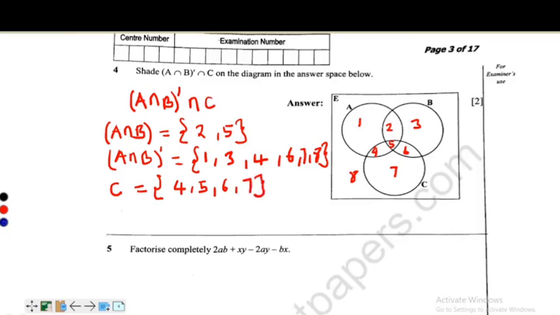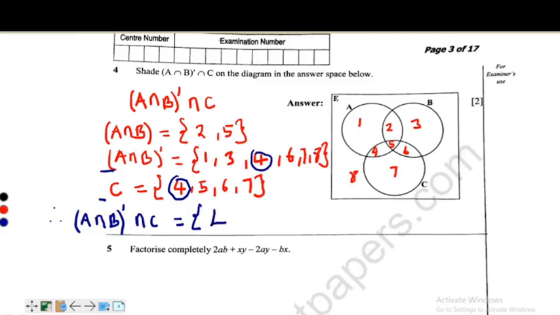So from here, our final answer: we are going to say A intersection B, complement, intersection C equals. So from here, we are considering this and this. You can check, here we have a 4, also here we have a 4.